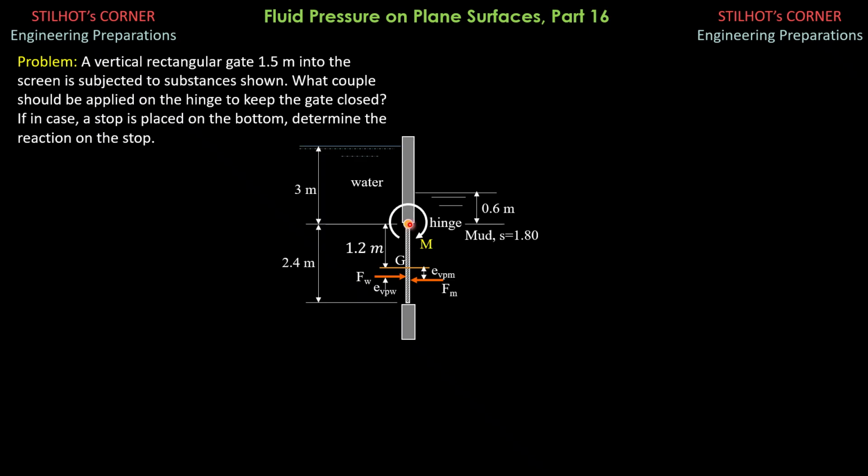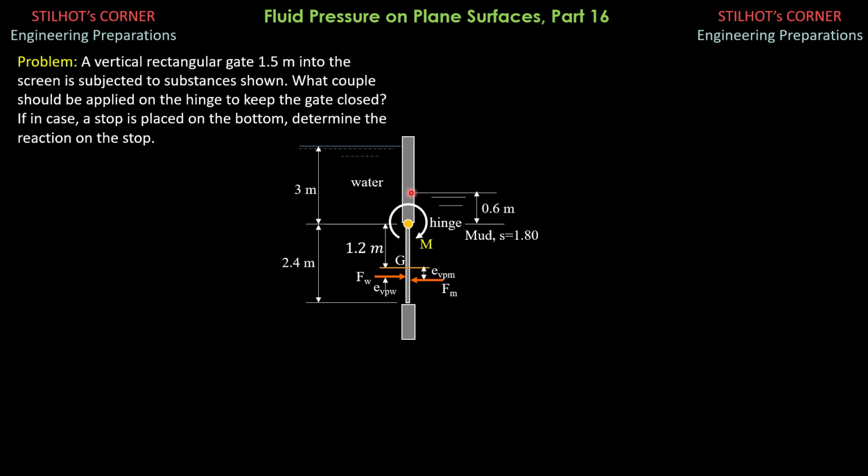There is a reaction at the hinge, a horizontal reaction, which may be going to the left. Because the weight of the gate is not mentioned here, even if there is weight, that weight has no moment about the hinge.